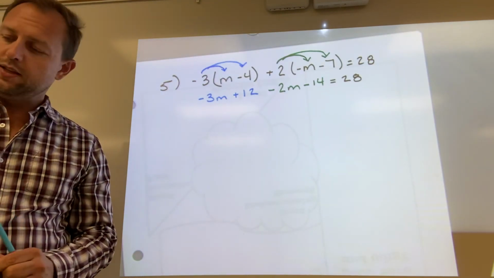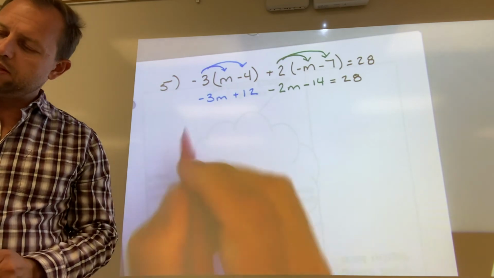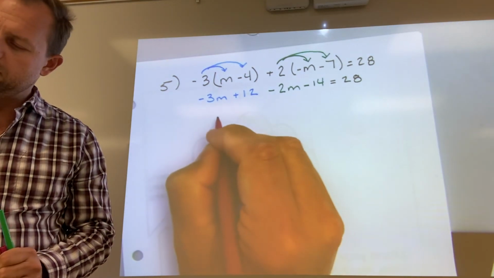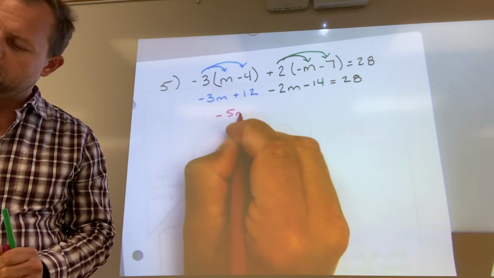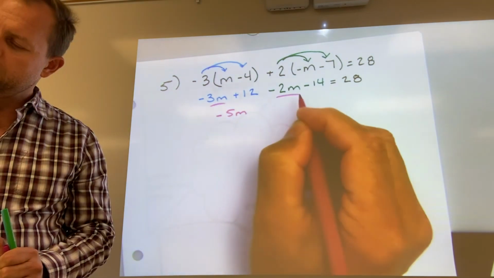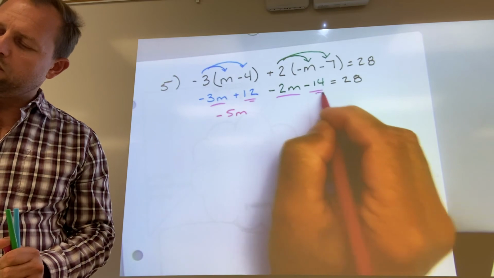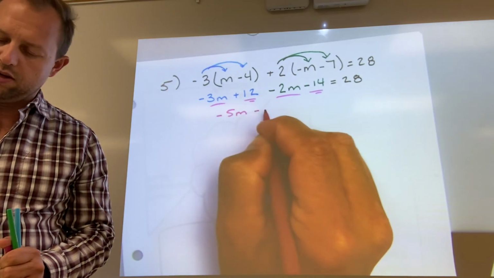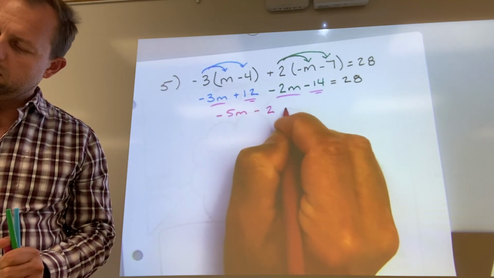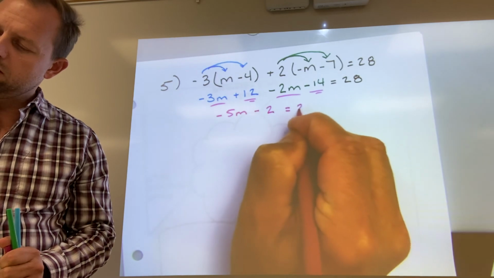Once we're to this piece, we can combine like terms. Negative 3m and negative 2m is negative 5m. The positive 12 and the negative 14 gives us a negative 2, equals 28.